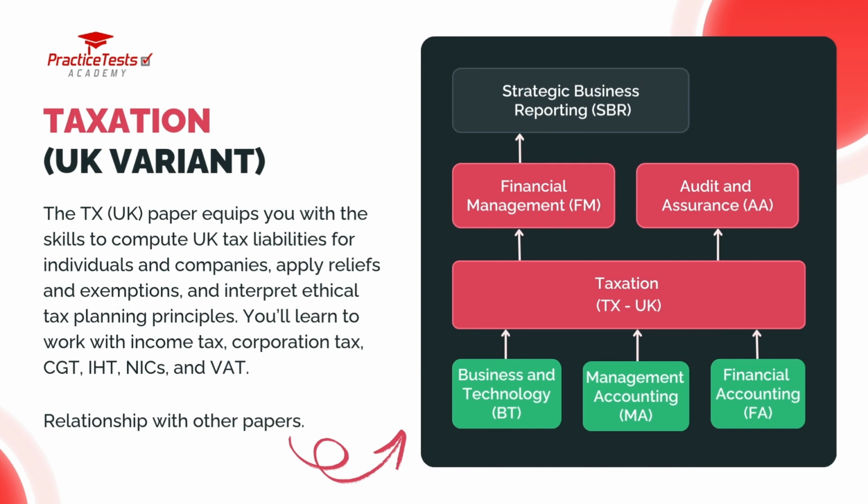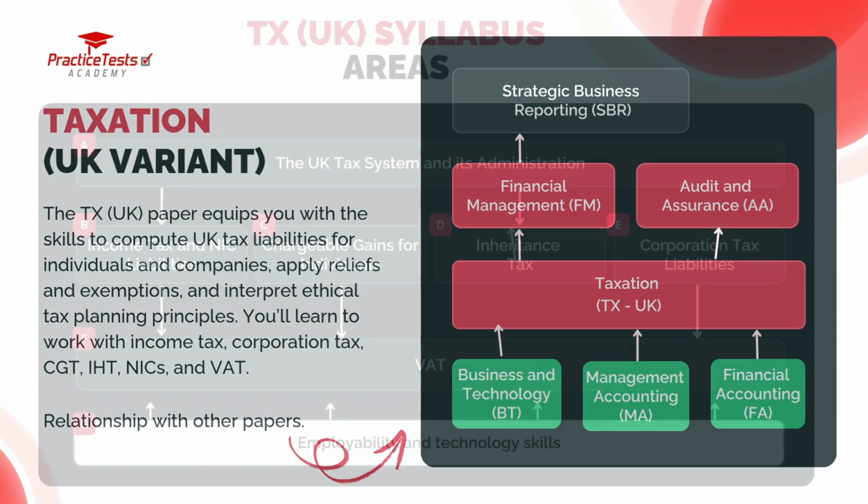Then, once you've passed TX, it directly supports papers like financial management, FM, because tax affects investment and financing decisions, and audit and assurance, AA, where understanding tax compliance plays a role in audit work. Finally, it all fits into strategic business reporting, SBR, where your understanding of tax becomes part of broader financial reporting and ethical decision-making. So, tax is not an isolated paper. It's a critical building block in your ACCA journey.